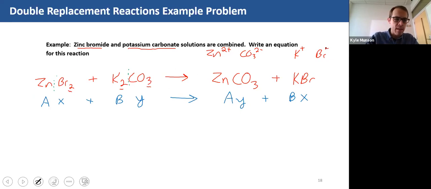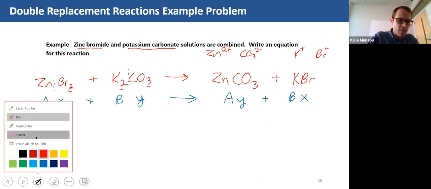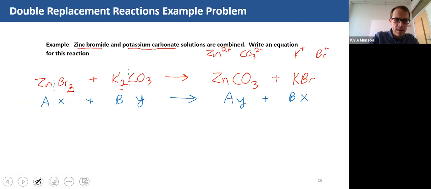So that's what I was saying. These subscripts, the 2 underneath here and here, don't travel to the other side of the equation when we make potassium bromide because there are different charges for the ions involved there. So I need to redo those subscripts potentially. But I do need to balance the equation now because the equation is not balanced.